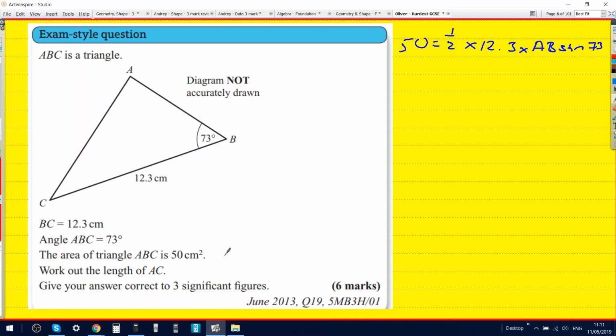So 50 divided by half times 12.3 times sine 73 gives you a big number. Is it 8.50155589? No. Did you, when you divided, put it in a bracket?